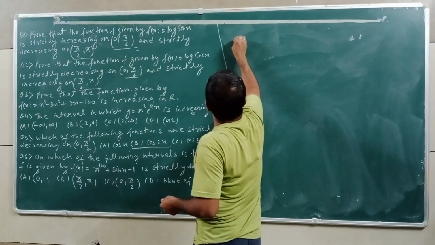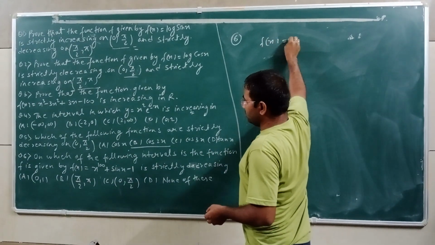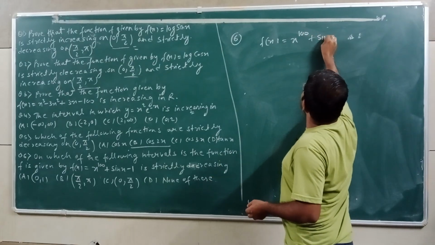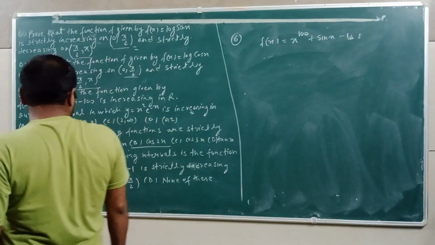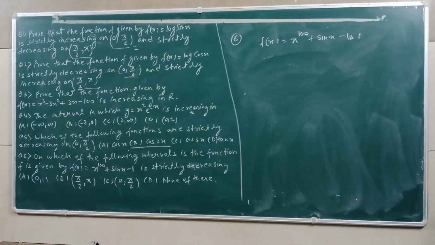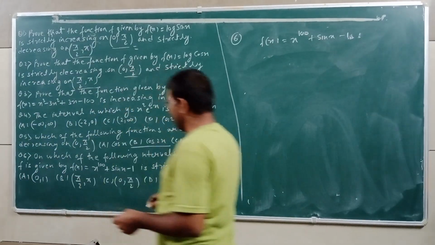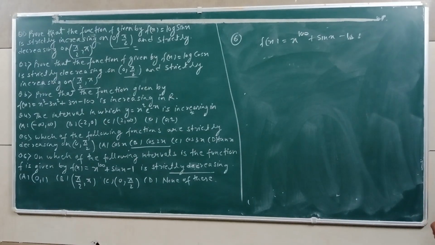Now see here, question number 6. Given f(x) is equal to x to the power 100 plus sin x minus 1, and you have to tell on which of the following intervals the function f(x) is strictly decreasing.